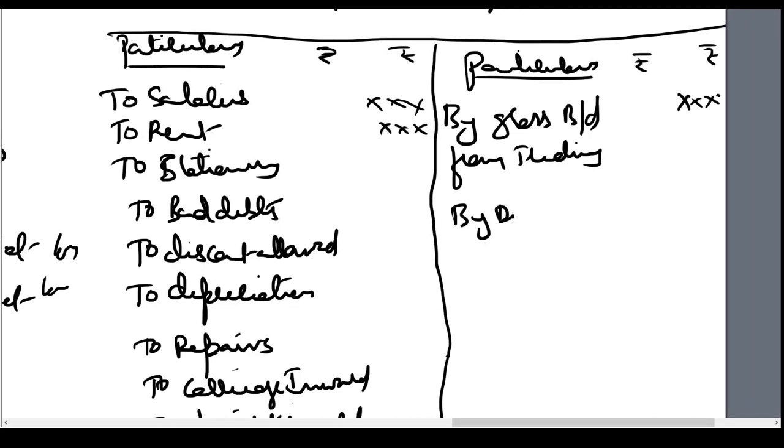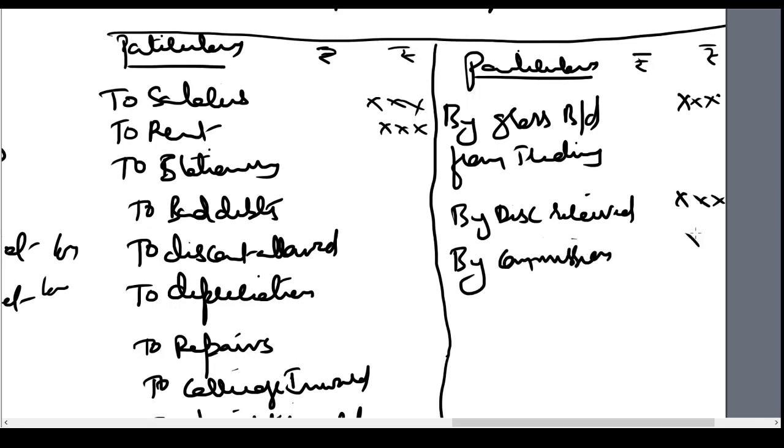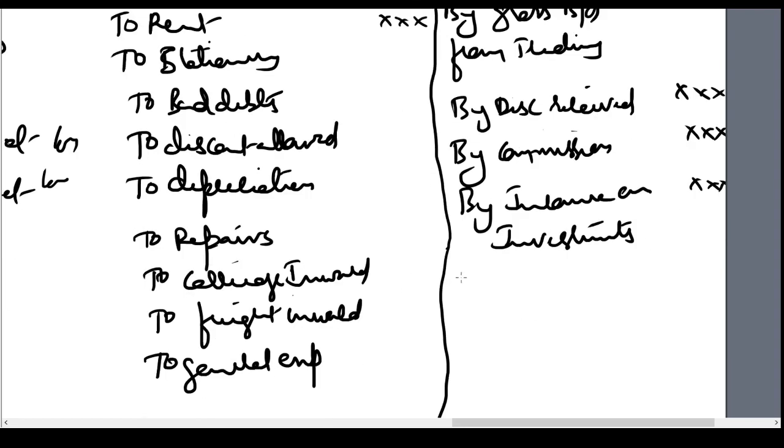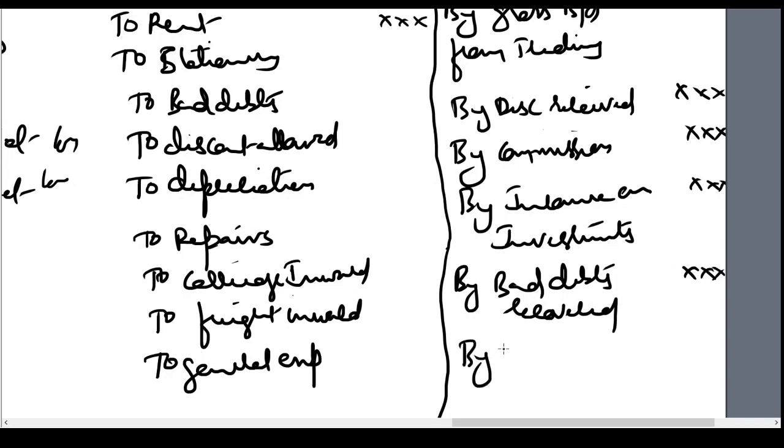By discount received, by commission. If you are getting some income from commission, by income on investments, by bad debts recovered, you can have, if you are getting some rental income, you can write by rent income.